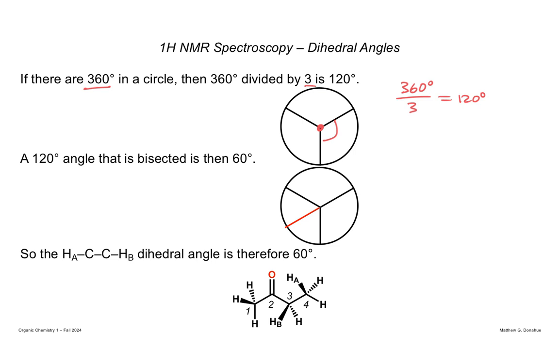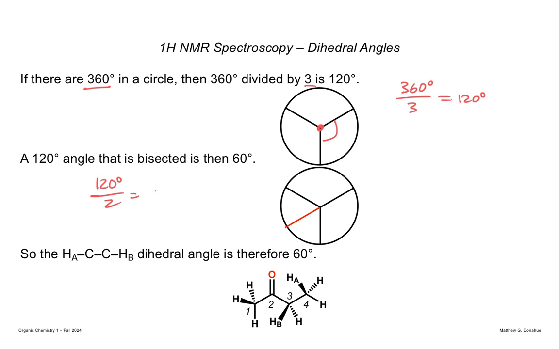And we're going to be sticking the substituents on the back carbon as well. And so those lines on the back carbon will bisect the lines on the front carbon.